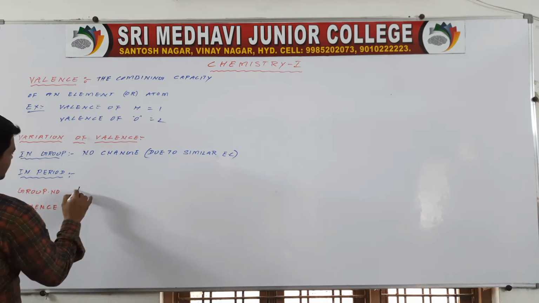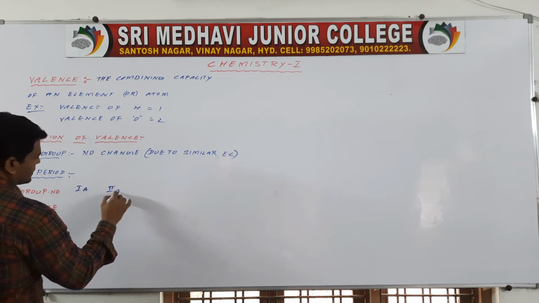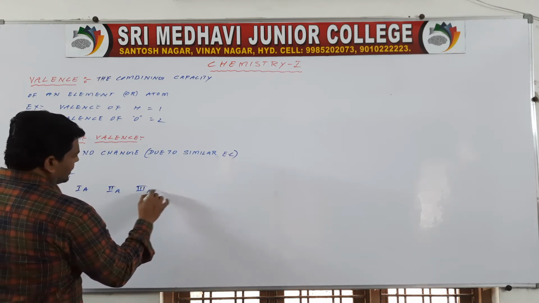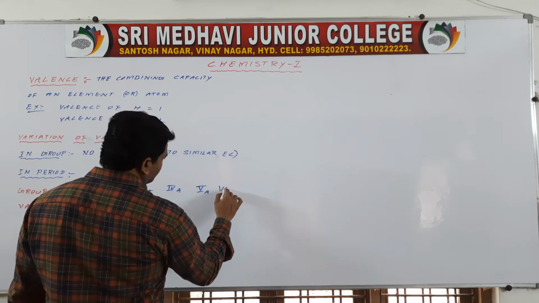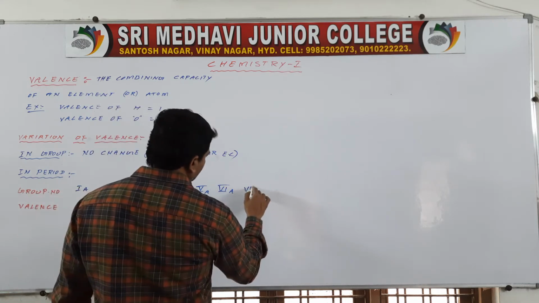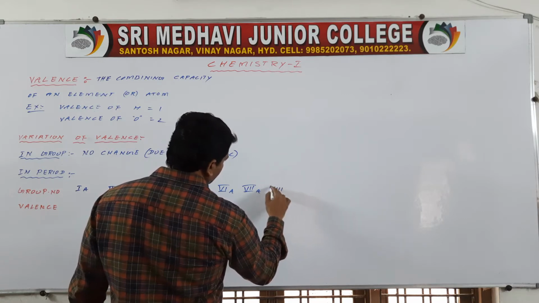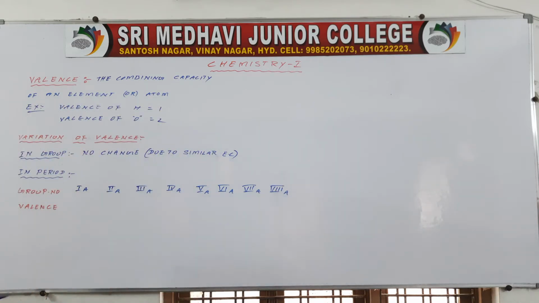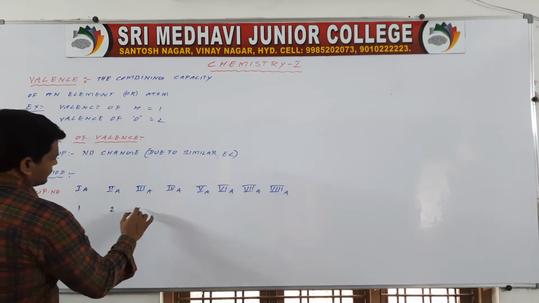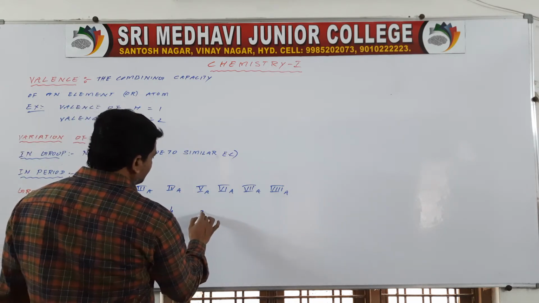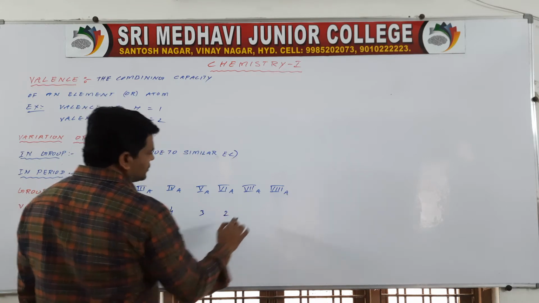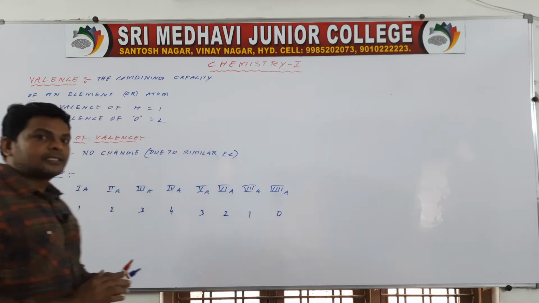The group numbers are first A, second A, third A, fourth A, fifth A, sixth A, seventh A and eighth A. Then the valency: first A is 1, second A is 2, third A is 3, fourth A is 4, fifth A is 3, sixth A is 2, seventh A is 1, and the last is 0.